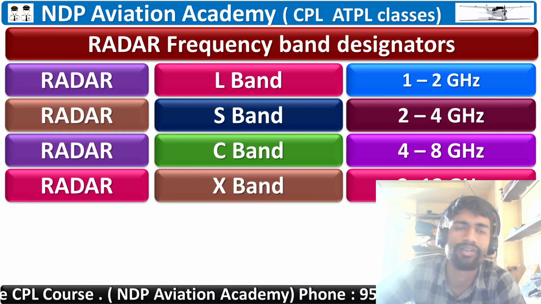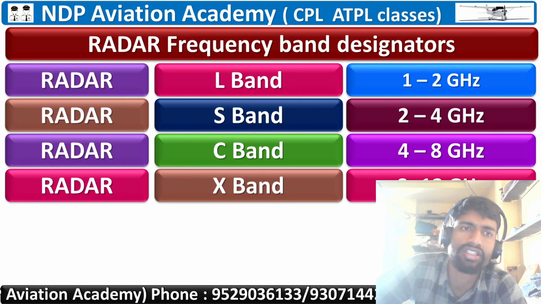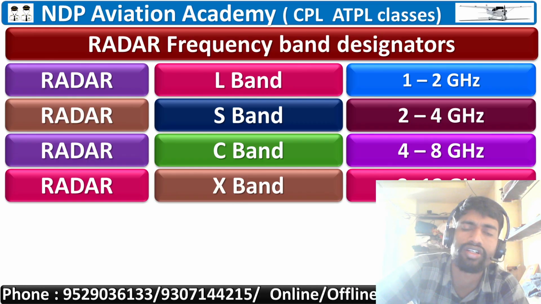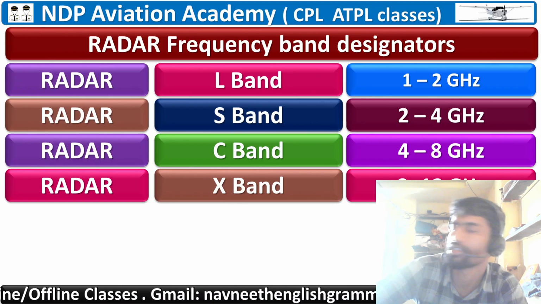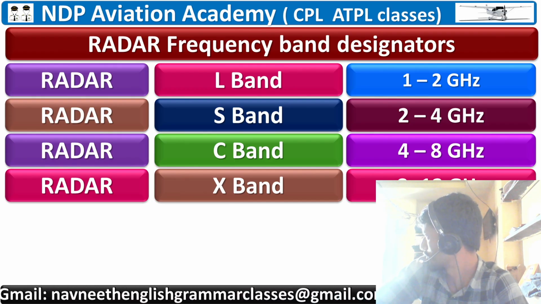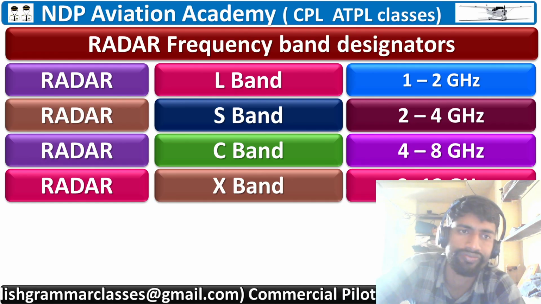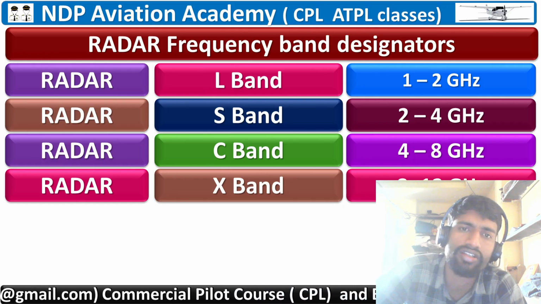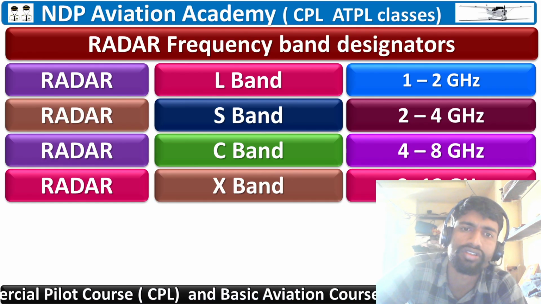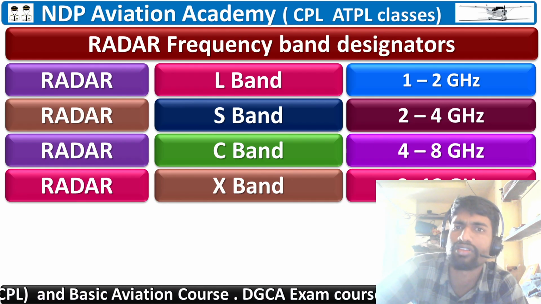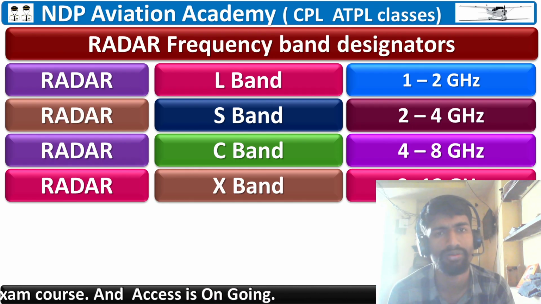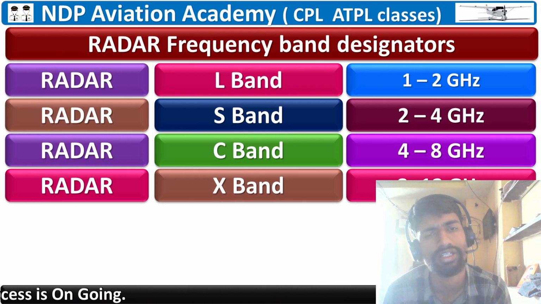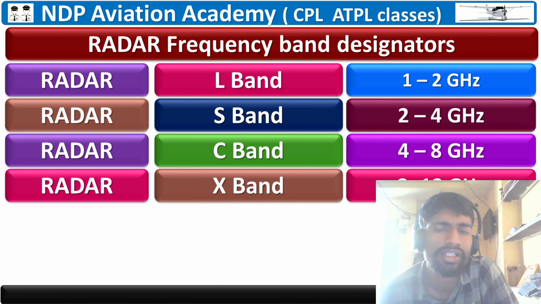Radar, what is the radar? First of all, ATC has a radar system, and radar frequency band is designated in four parts. Which parts? L band, S band, C band, and X band. You need to understand only these four things.